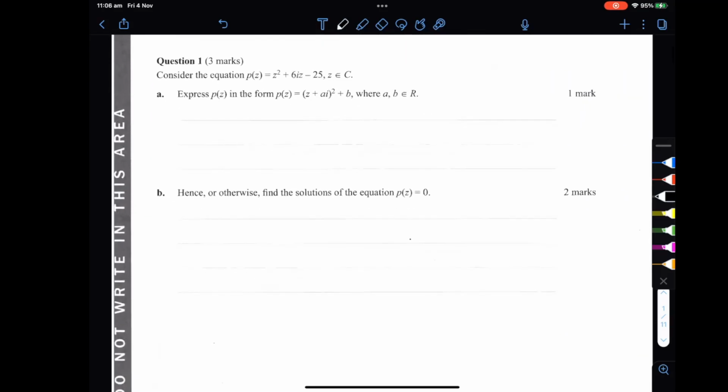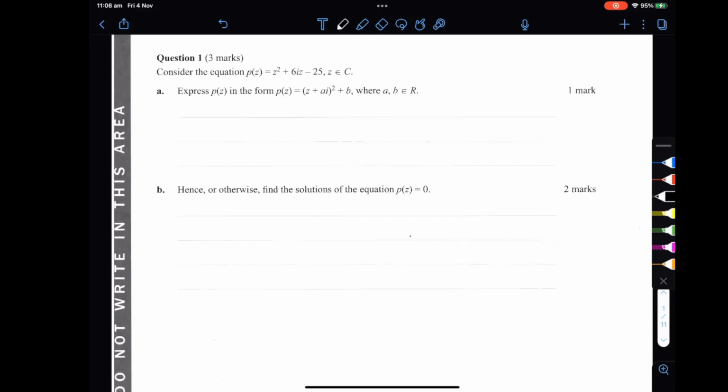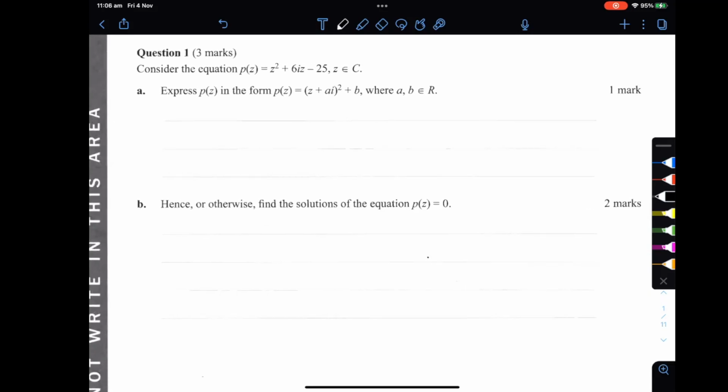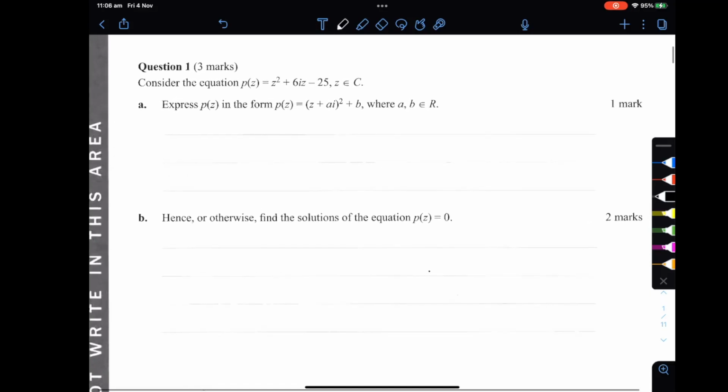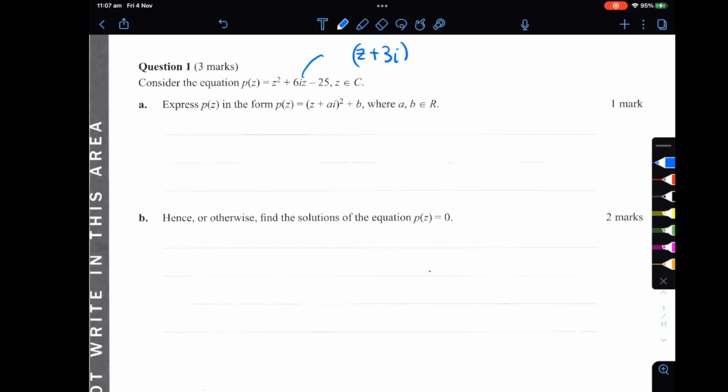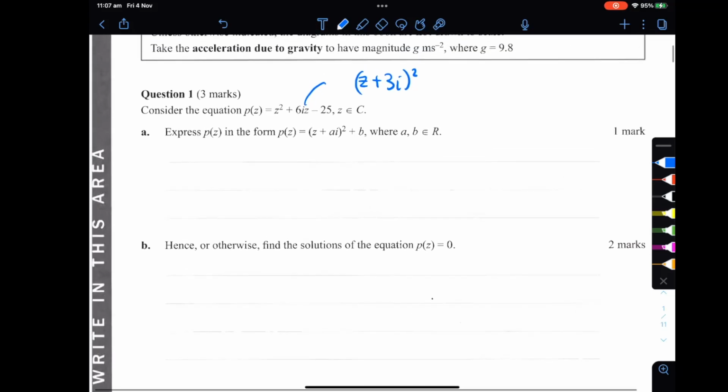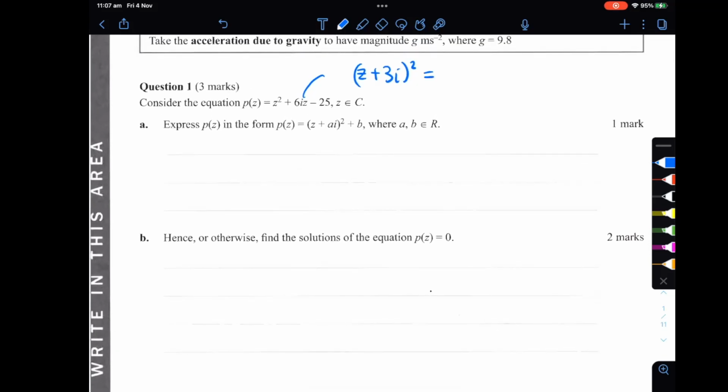Alright, so first question, we have a polynomial, we have some complex number, and we want to factorize this, okay? From what I can see, this looks like it can be factorized into z plus 3i squared and then something on the end. If we expand z plus 3i squared, that's z squared plus 6iz plus 9i squared.